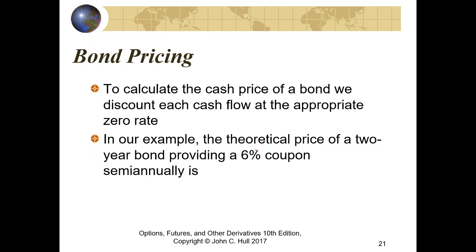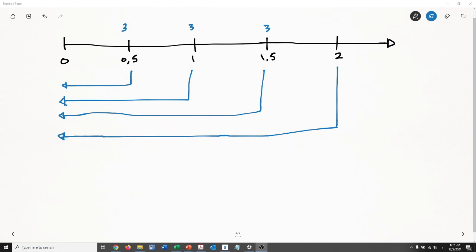We second determine the proper discount rates, and we third discount the cash flows using the discount rates, find their present value, and add them together. When we are dealing with securities or assets that we are trying to value, it's always better to visualize when the cash flows will take place, and how we are going to deal with these cash flows.